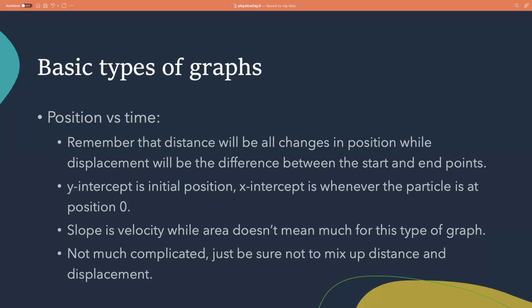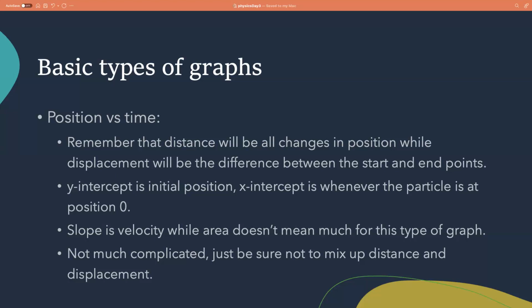The y-intercept is always going to be an initial something, as long as your x-axis is time, which is the most common situation. Every now and then you'll have something like x-axis is position, y-axis is force, but that's fairly uncommon and also beyond the scope of what we're doing in these 4 days.